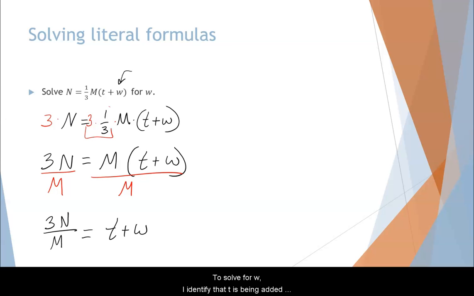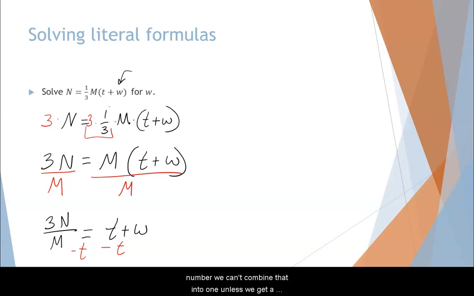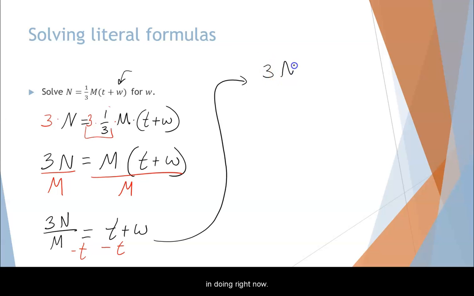To solve for w, I identify that t is being added in, so I'm going to simply subtract t from both sides. Notice that when we have a fraction minus another number, we can't combine that into one unless we get a common denominator, which I'm not that interested in doing right now. So this is 3n over m minus t equals w.